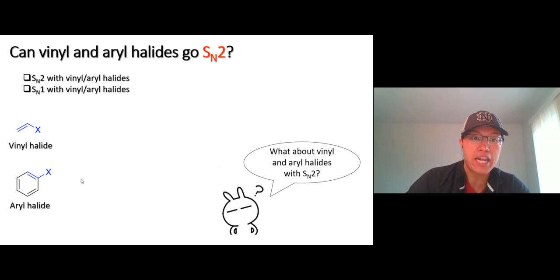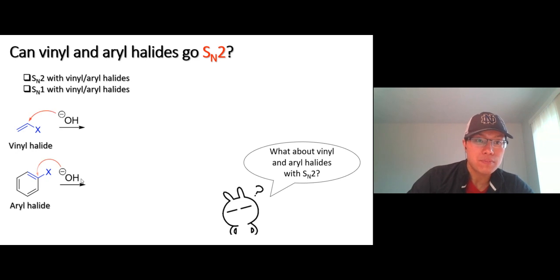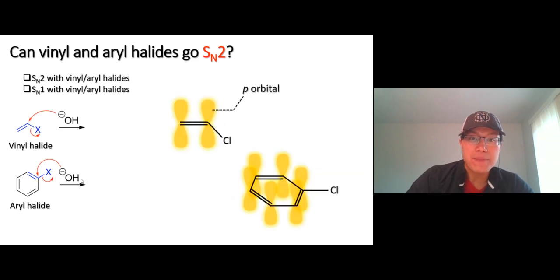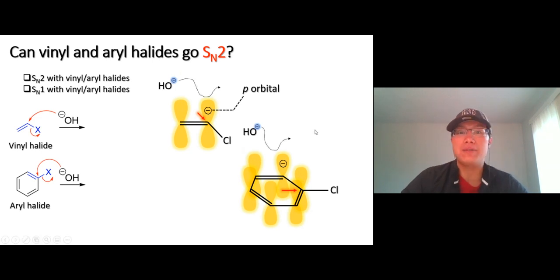Now, vinyl. This is vinyl, a halide on a double-bonded carbon. First off, can it go SN2? Backside attack? If you remember, no, because of too high electron density. If hydroxide wants to attack, it has to attack from that position or get inside the ring and attack that position. Very high electron density, not going to happen.